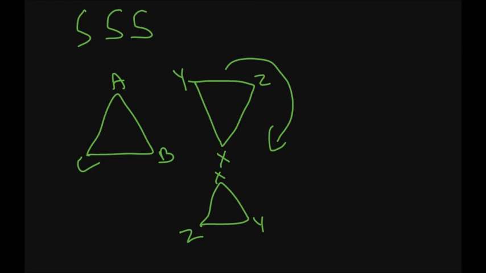So in order for this to be a true statement, AC over XZ would have to equal AB over XY, which would have to equal BC over YZ. Those ratios would all have to be equal in order to prove something is similar based on side, side, side. Unlike proving congruence, where we had to prove everything was equal, here we have to prove the ratios are equal. So to prove similarity, it's all about proving that the ratios are equal.